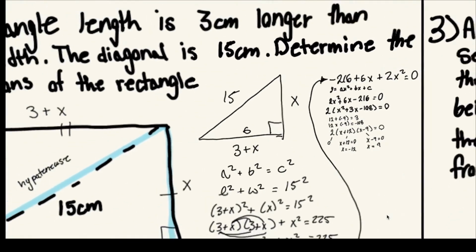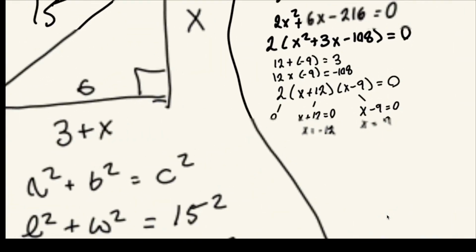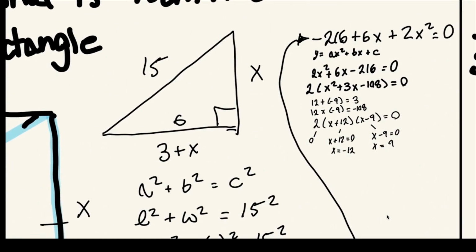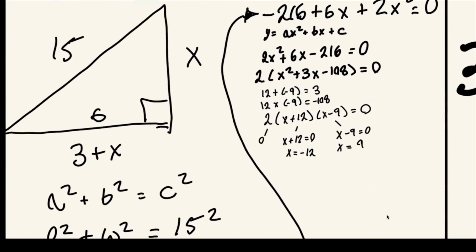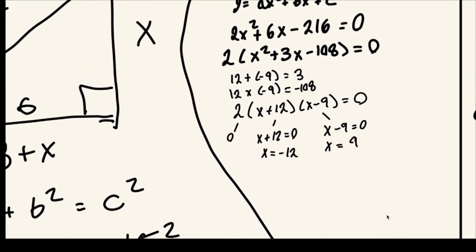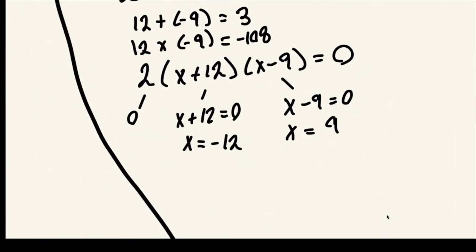Now, it wants us to figure out the dimensions of this triangle. So again, we have to use some of our common sense, and you'd probably have to write this on a test. Again, both values could work in some cases, but in this case, only one value will work. And the reason the only value that will work is x equals 9 is because x equals negative 12 is negative, right?